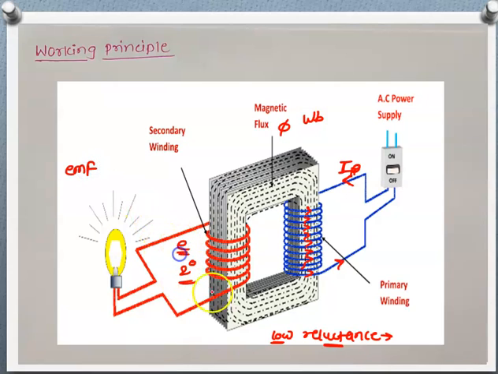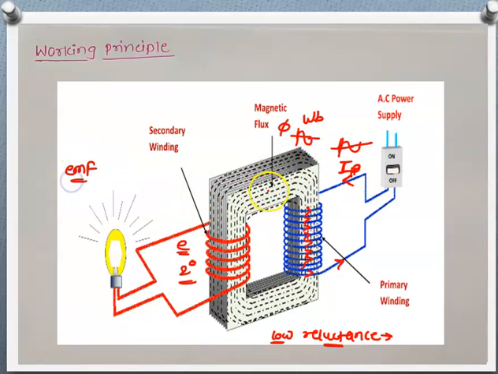Here we get EMF because we are providing an AC power supply, so the current will be AC only. When the AC current is supplied to the winding, the flux produced by the winding is also alternating in nature. That means it is changing with respect to time.